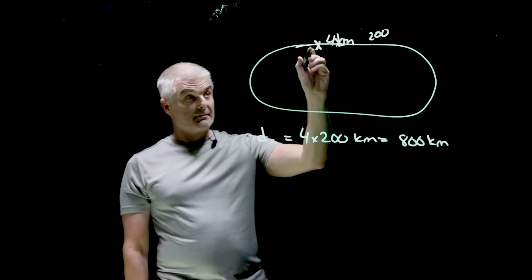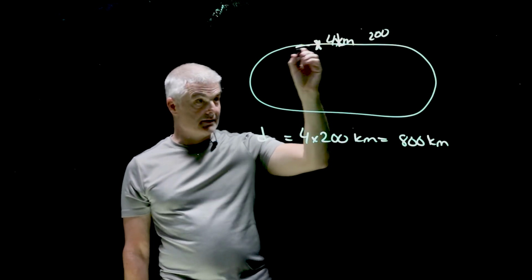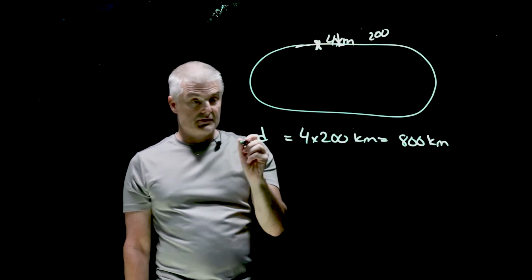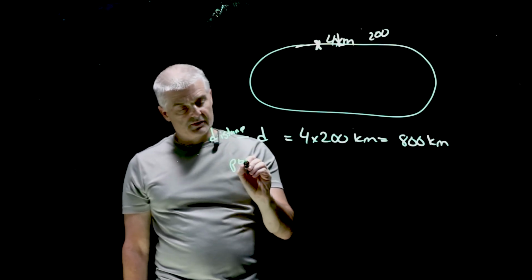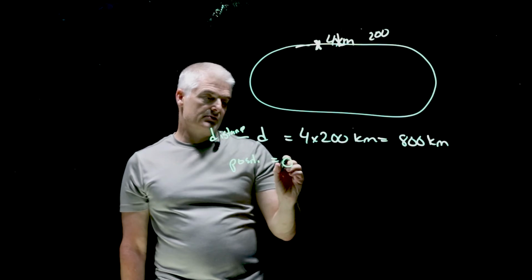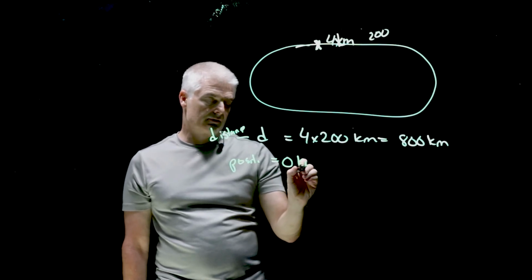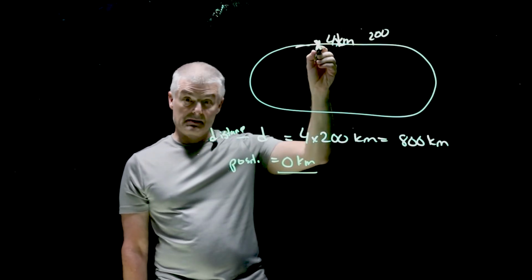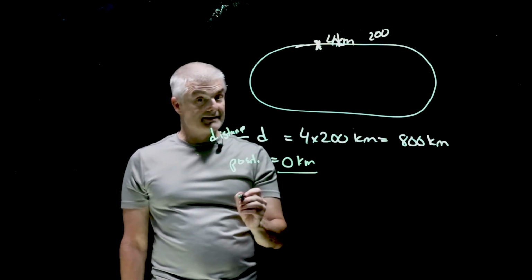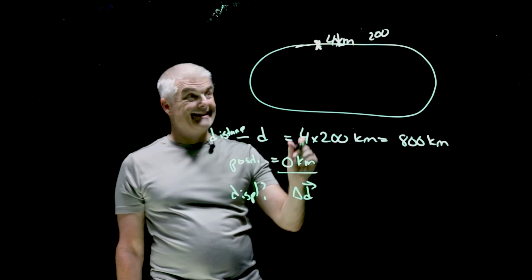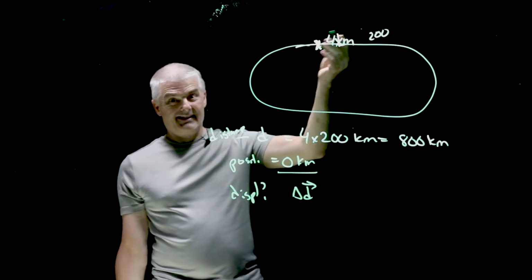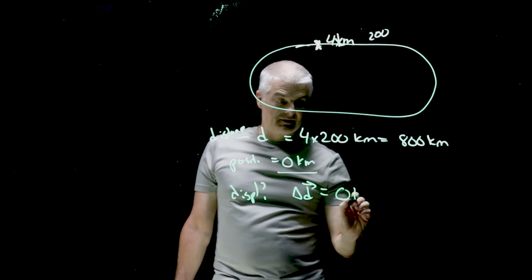So if he starts at the same place, let's say right here, and he gets exactly 200 laps, what's his position? So this is distance, right? What about his position? It's 0 kilometers because he's in the same spot, right? And if we look at displacement, the delta d arrow, again, even though he came back to the same spot, it's 0 kilometers.